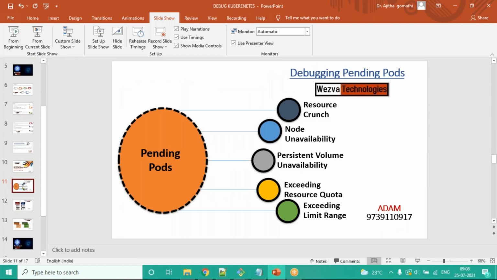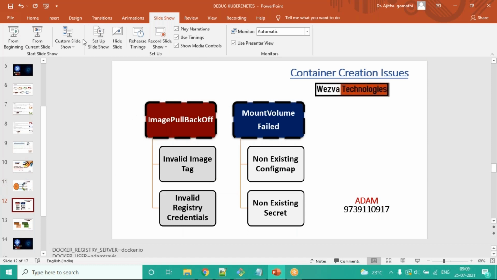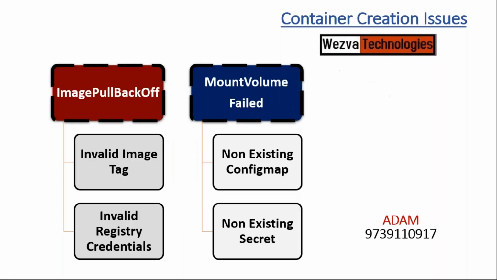In that, first we saw how to debug a pending pod, and after that, we saw what happens when the pod moves out of the pending state. As soon as the pod is assigned to a particular machine, the pod enters a state called container creating. In this state, it tries to download the image from the registry and create a container out of it.